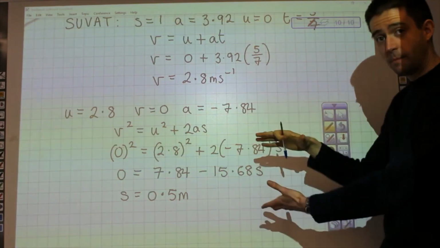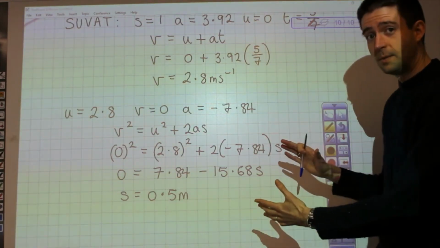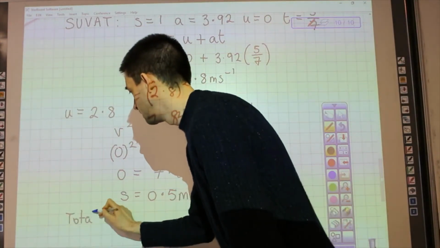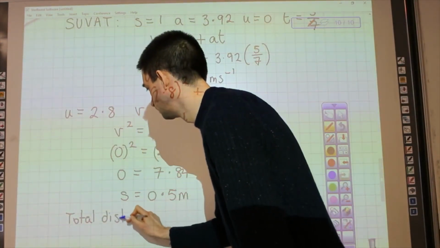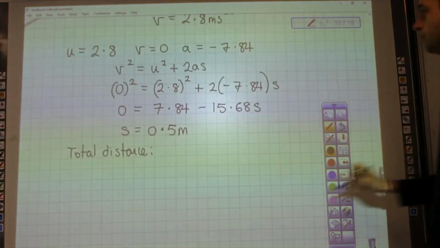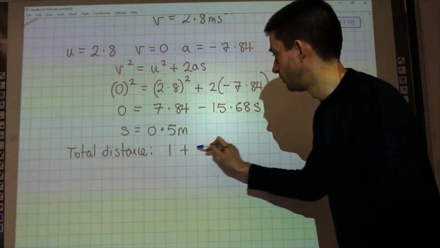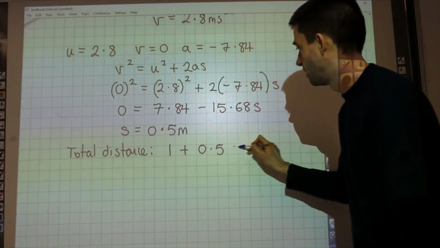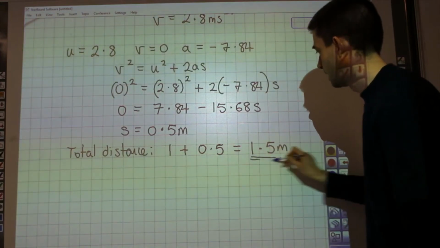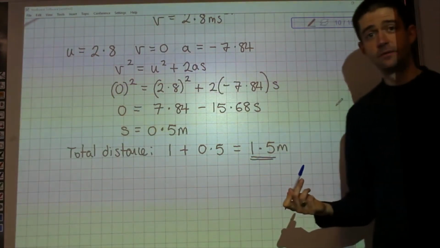If B had travelled 1 metre down, A must have travelled 1 metre up the plane, so therefore the total distance that A moved must be the 1 metre it had already travelled plus the 0.5 extra, which means that overall A travelled a distance of 1.5 metres.